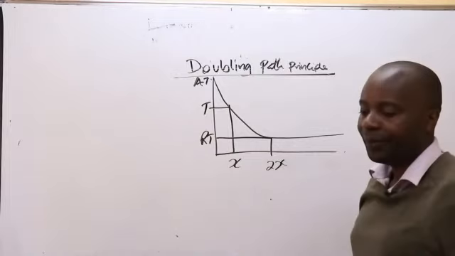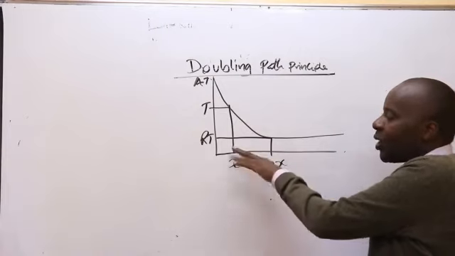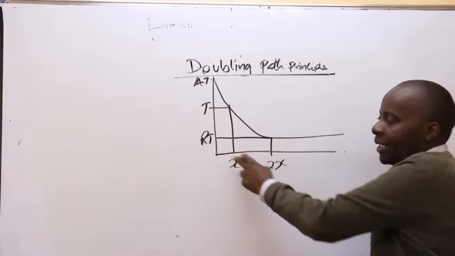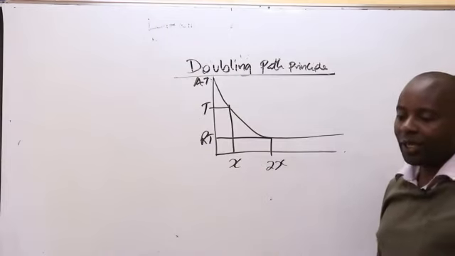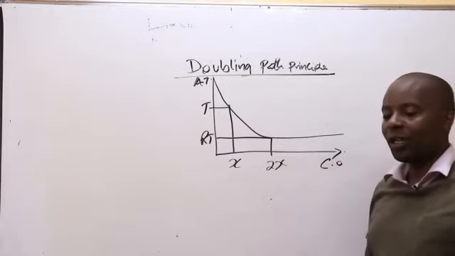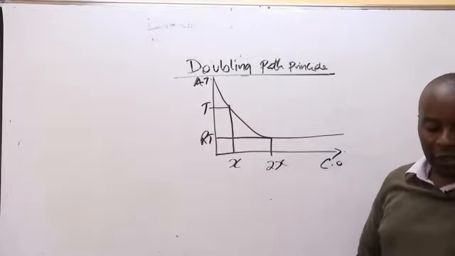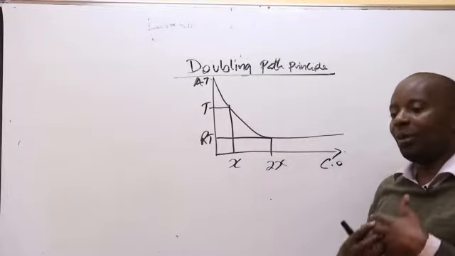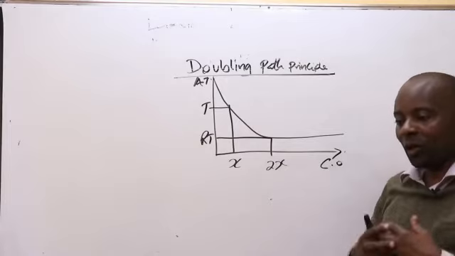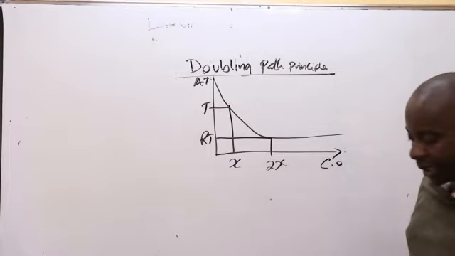This is cumulative output, don't forget. So as output doubles from x to 2x, our average time will be reducing from t to RT. Now, ladies and gentlemen, listen to me very well.